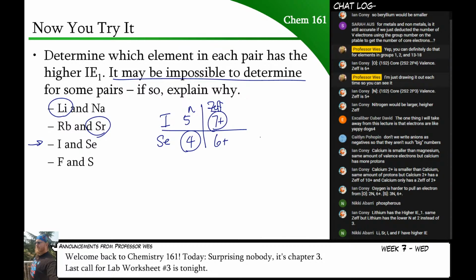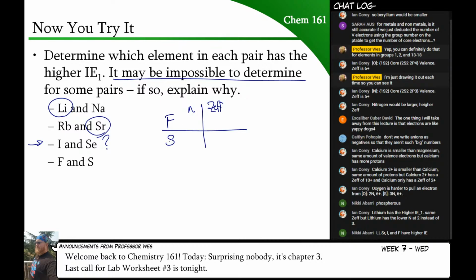And so for this reason, we can't really conclude, based on trends, which one is going to be easier or harder to ionize. So if I give you a pair that are diagonal top left, bottom right like that, then you won't be able to determine the answer. And that's the answer, is impossible to determine.